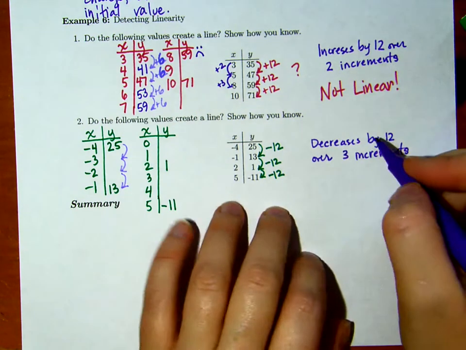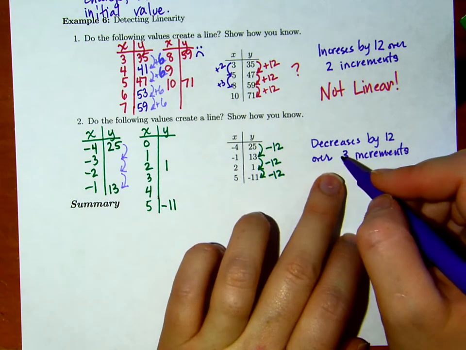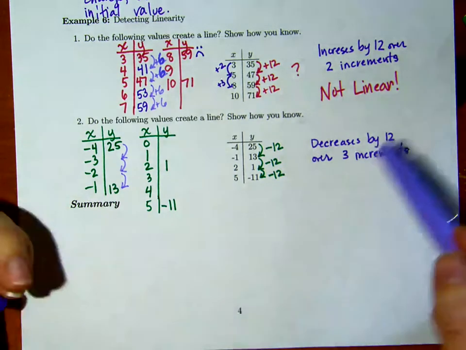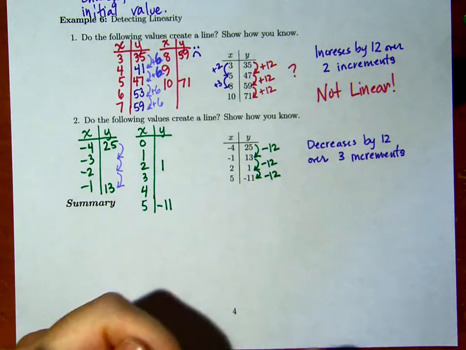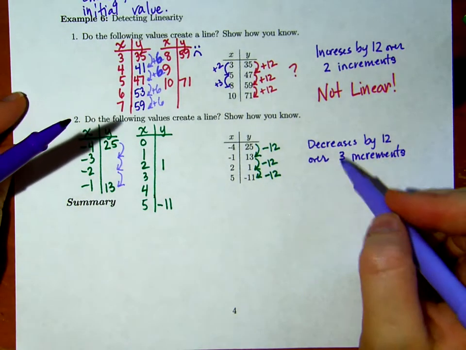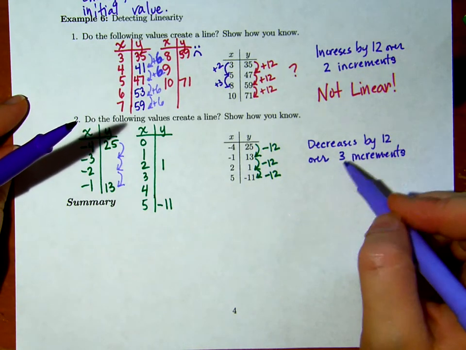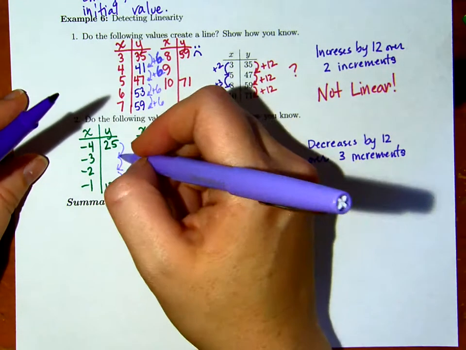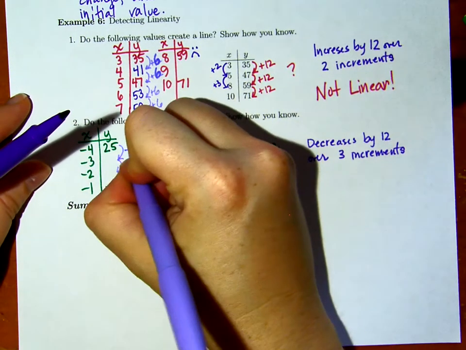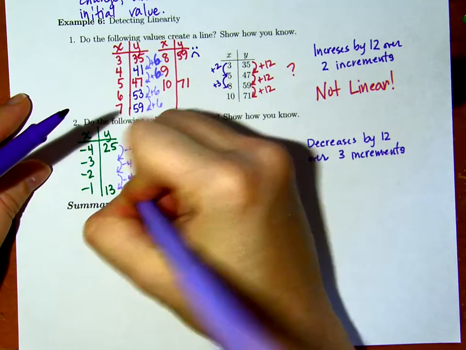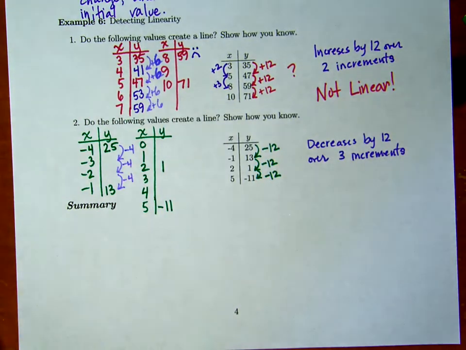Okay, well, that means I think 4. Decrease by 4 every time, because there are 3 sets of 4 in 12. So decrease by 4. Let's see if that works out.